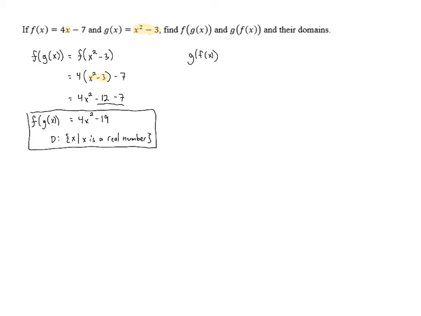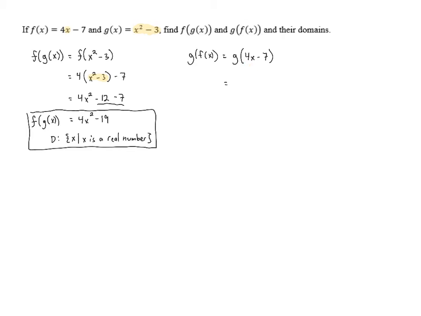In this case, we need to start with f of x, and we know f of x is 4x minus 7. So we have to evaluate g at 4x minus 7. Now, g as a function takes the input and squares it and then subtracts 3.